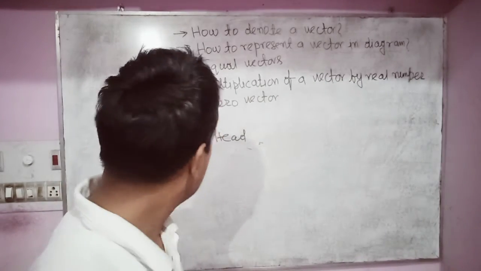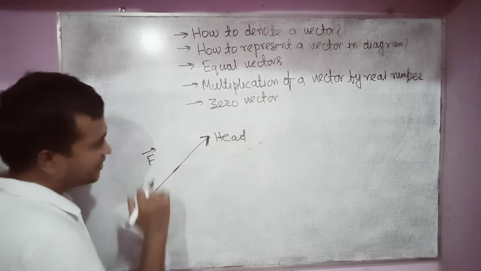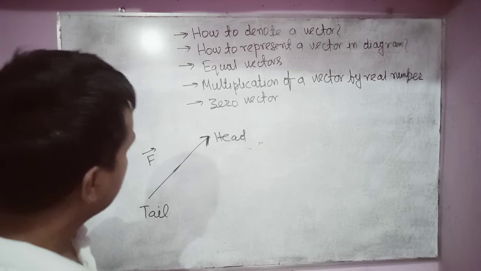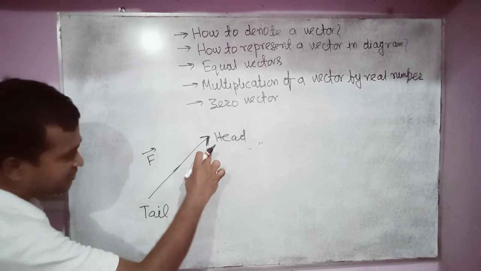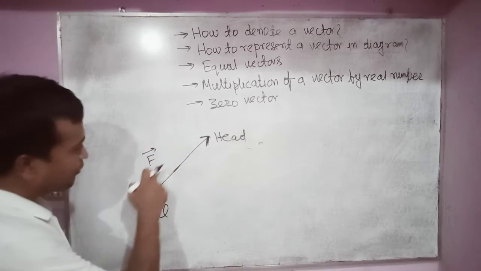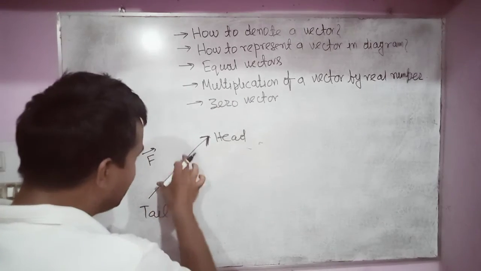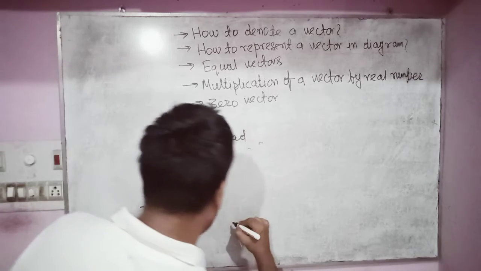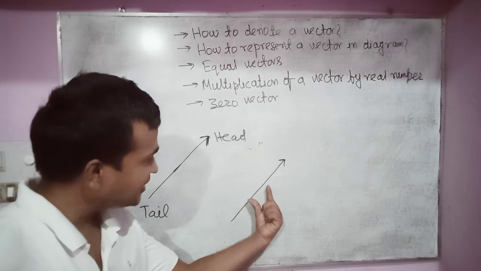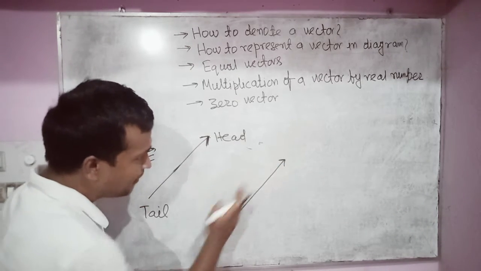Suppose we want to draw a vector which is equal to this vector. How can we draw it? For drawing a vector which is equal to this vector F, we draw a line parallel to this arrow, in this way, and the length of this line must be equal to the length of this line, and it must be parallel.